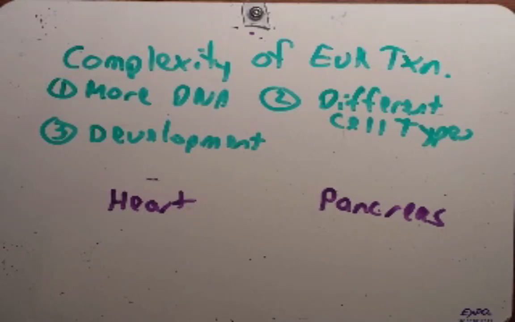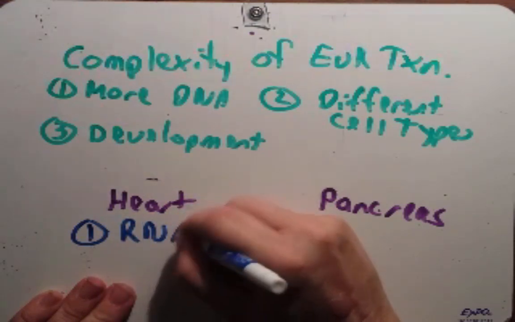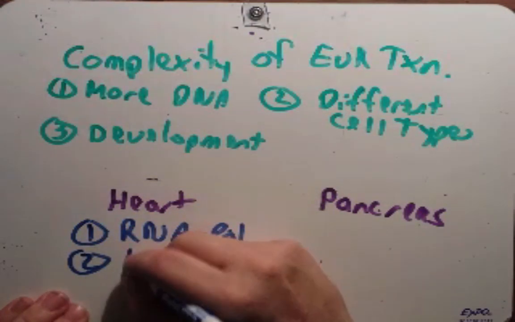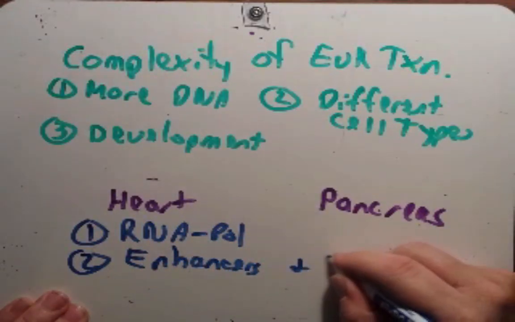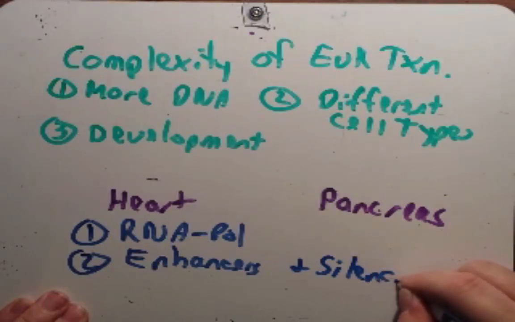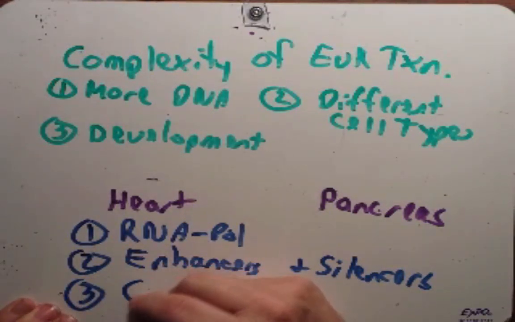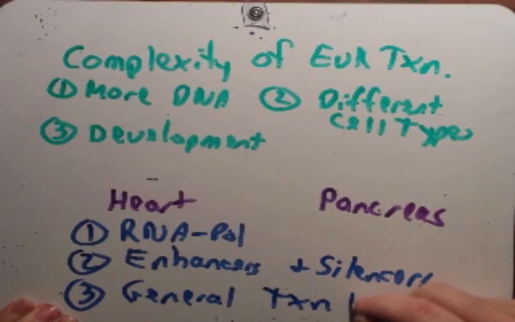And they do this in several ways. We've talked about some of them, but certainly you think of the different kinds of RNA polymerases that bind. We talked about the enhancers and silencers. And what we haven't talked about yet are general transcription factors.